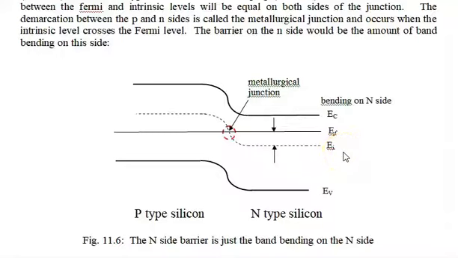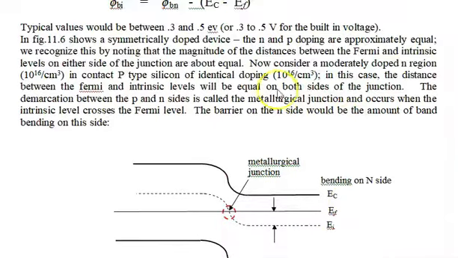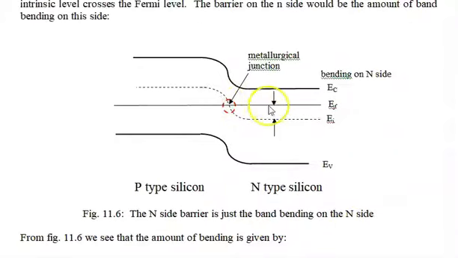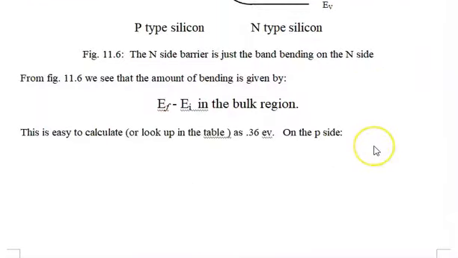So 0.3 is for 10 to the 15th, and 0.36 would be for 10 to the 16th. So we have a total barrier now of 0.36 plus 0.36, or 0.72.